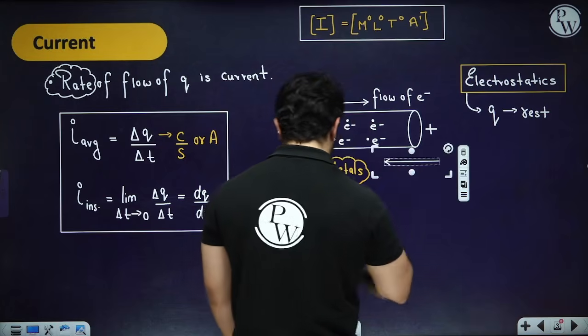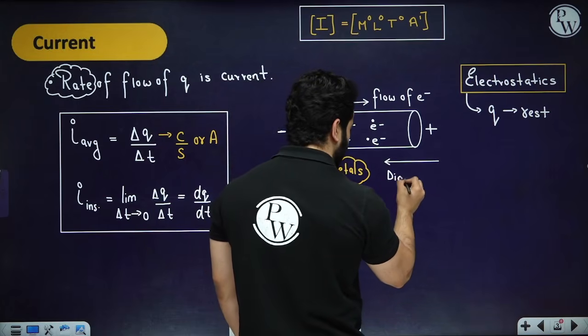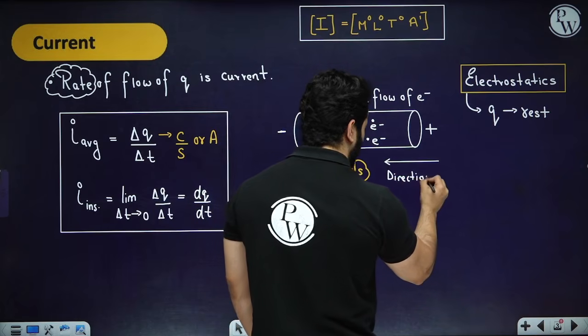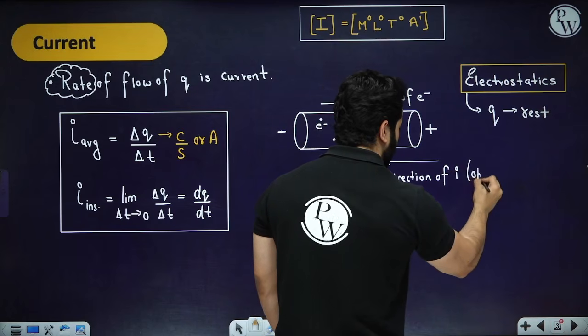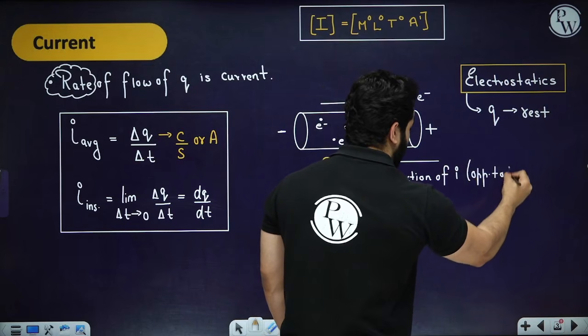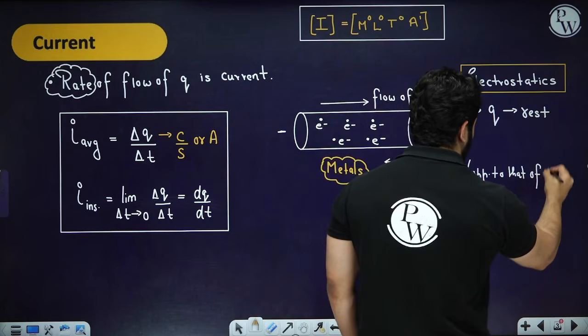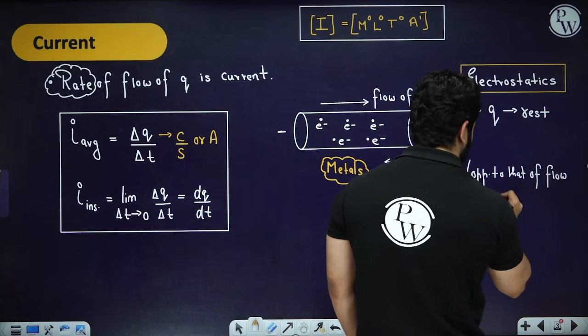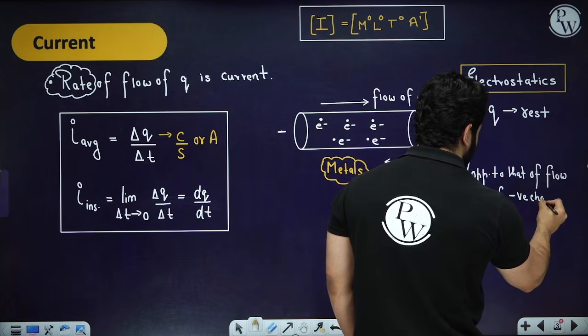This is by convention: the direction of current is opposite to that of flow of electrons or negative charges, right?